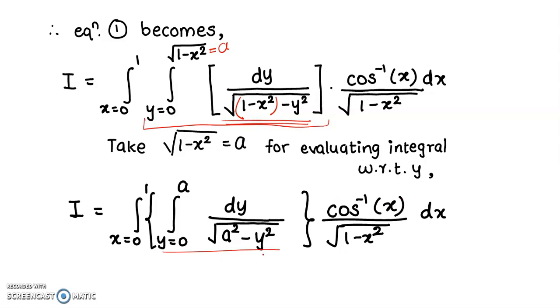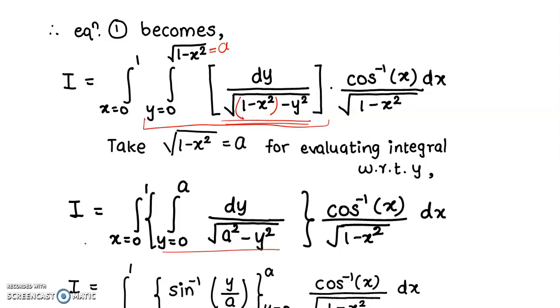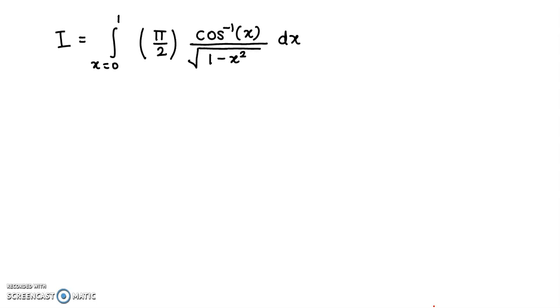If we evaluate this integral, we get the integral from 0 to 1 for variable x of sine inverse of y by a, where y varies from 0 to a, times cos inverse x dx upon square root of 1 minus x square. If we simplify that integration, we get this value.